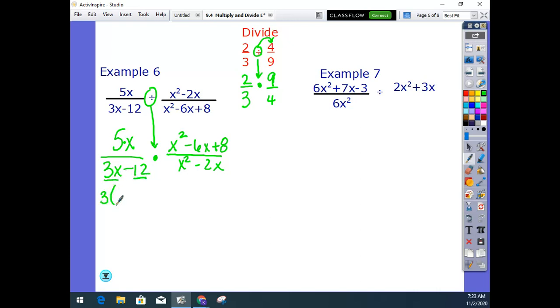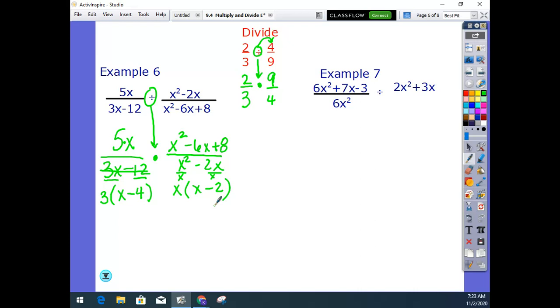3 can go into both. Divide each term by 3. A lot of times I'll just cross out the expression once I factor it so then I know it's not there anymore. GCF. There's a common factor of x. Divide each one by x.